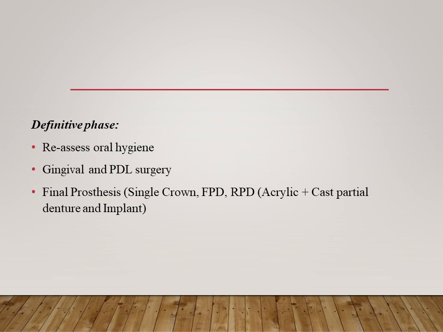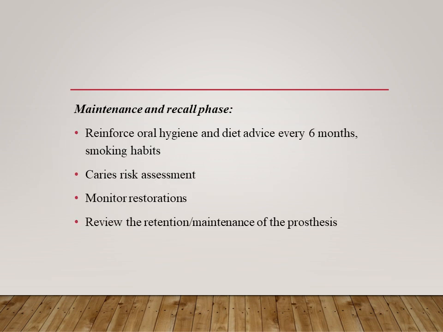And of course your final prostheses, whether the patient is getting a single crown, fixed partial denture, removable partial denture, so on and so forth, and implants as well. Now the maintenance and the recall phase, although this looks like a very small piece of paper, it is actually one of the most important, because this is the way that you send the patient off from your dental clinic in a formal manner.